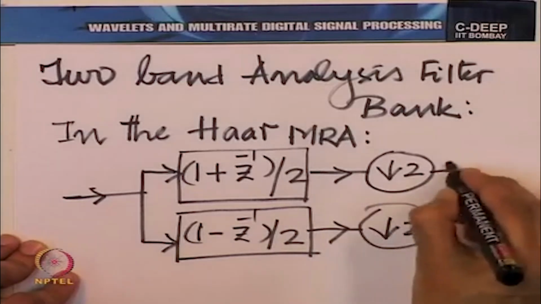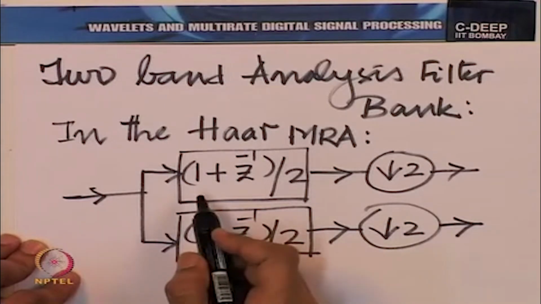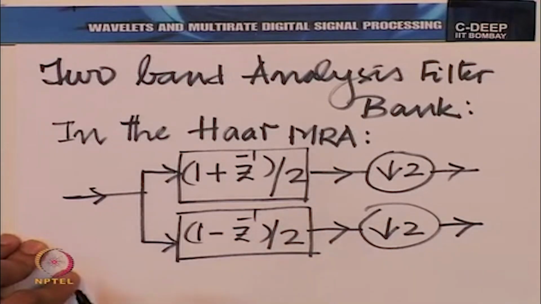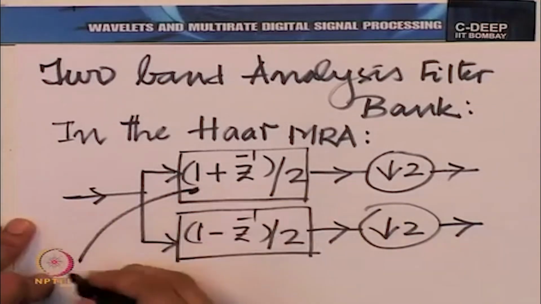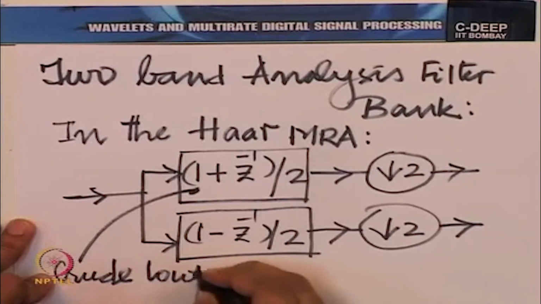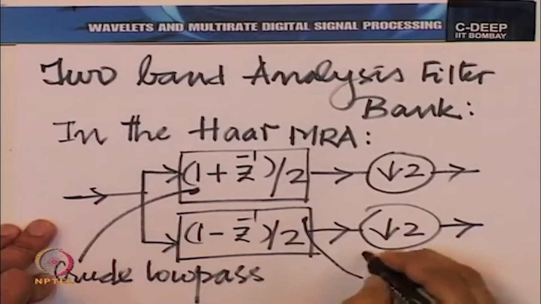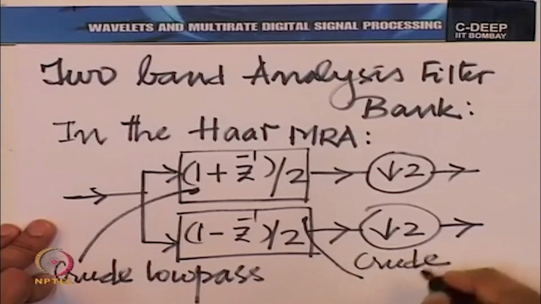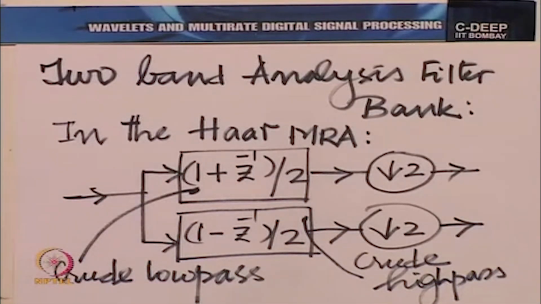This was the structure, and we also analyzed the frequency domain behavior of these two filters. In fact, this turned out to be a crude low pass filter. And this turned out to be a crude high pass filter. Of course, high pass and low pass as understood in the discrete time sense.